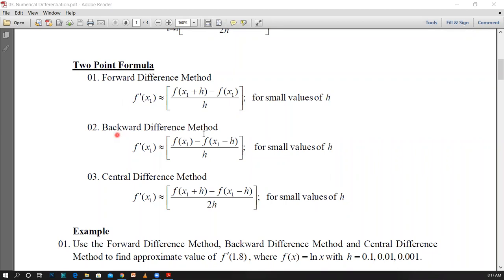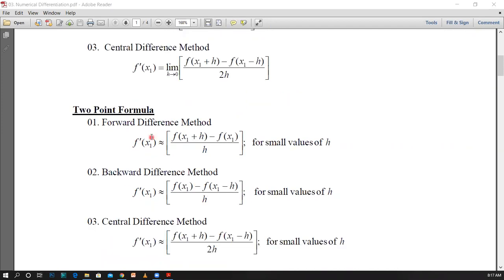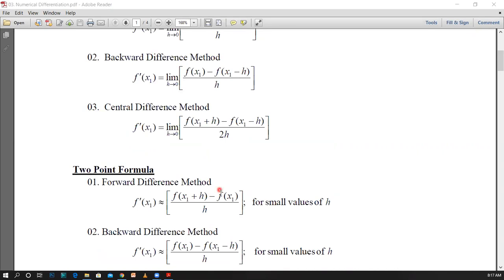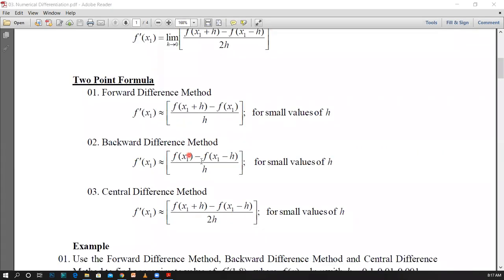Then in the backward differencing method, we use this equation. Here also we get an approximation for the derivative of the function at point x1. Using the concept we learned for backward differencing, it is [f(x1) - f(x1 - h)] divided by h. Here we are not saying the limit h goes to 0. We are just saying that for small values of h, we define these 3 formulas.